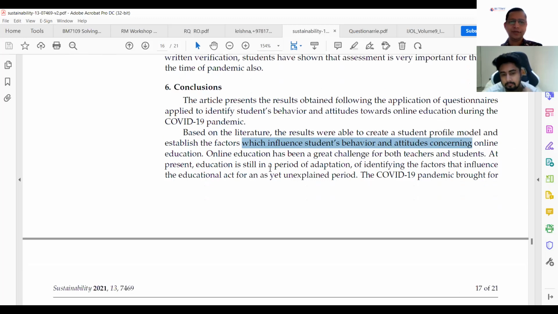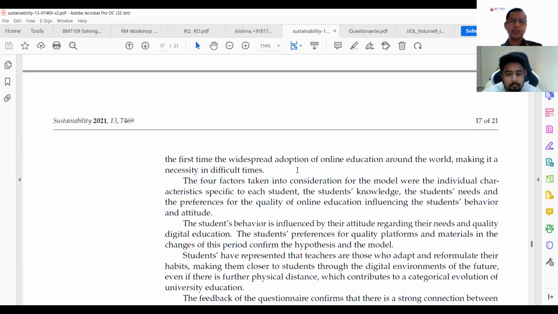So what are the factors? Online education is one of the great challenges for the teachers and students both. At present, education is still in the period of adoption, identifying the factors that influence educational activity is as yet an unexplained period. The COVID-19 pandemic brought for the first time widespread adoption of online education. So that was the first time.